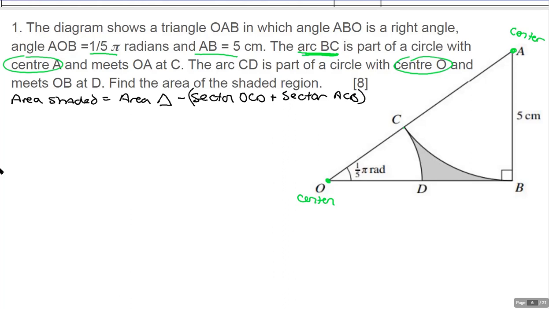So the first thing we have to do is, well, we could do whatever we want, but I would suggest we find the area of the triangle. How do I find the area of a triangle? Half base times height. What do we know already? The height. How can I find the base?